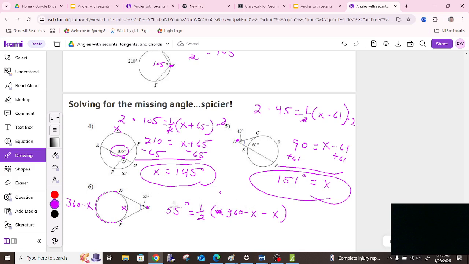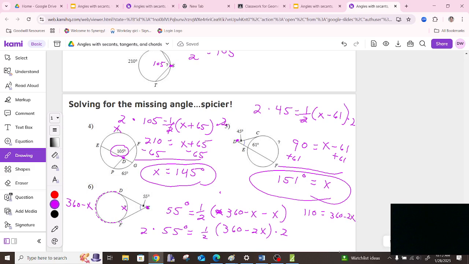Before I multiply by 2 on both sides, I'm going to combine my like terms. What's a negative x minus x? Negative 2x. 360 minus 2x, and you have your 1/2, and you have your 55. Now what do I do to both sides? Multiply by 2 to get rid of the half. So you get 110 is equal to 360 minus 2x.